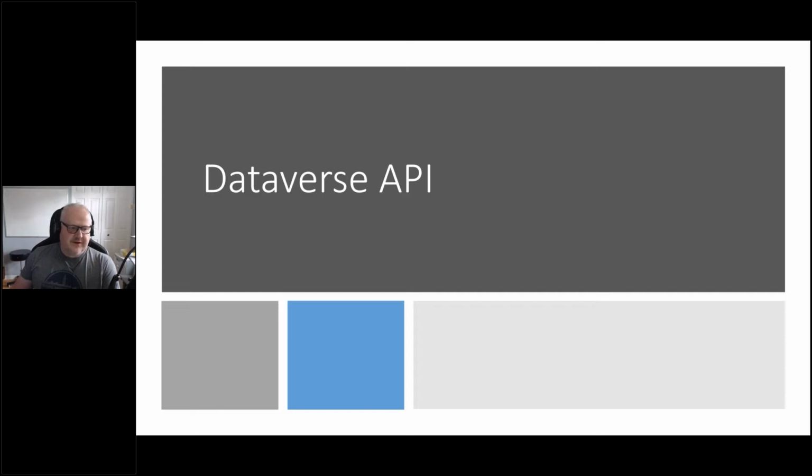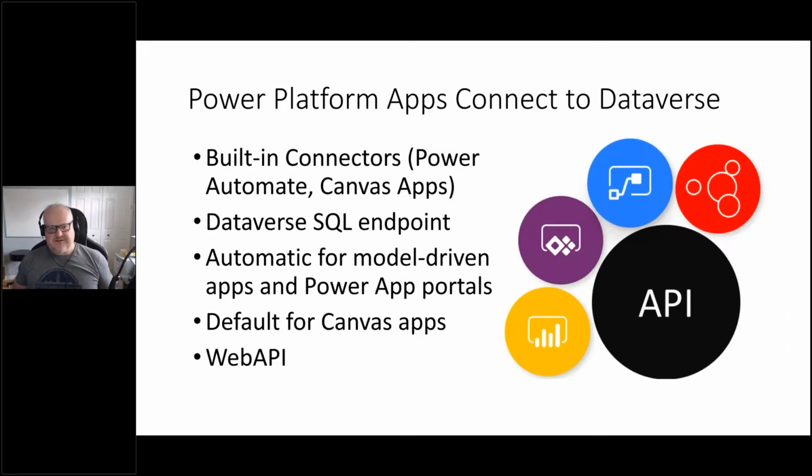So we have that Dataverse API. And like I said, we can use this to connect our Power Apps directly to Dataverse. There's some built-in connectors, of course, like with Power Automate and Canvas app, we can immediately start to work directly with Dataverse. Now, there also is the Dataverse SQL endpoint. So for those of you who still like using SQL Server Query Analyzer, you can connect to Dataverse using that tool for read-only purposes.